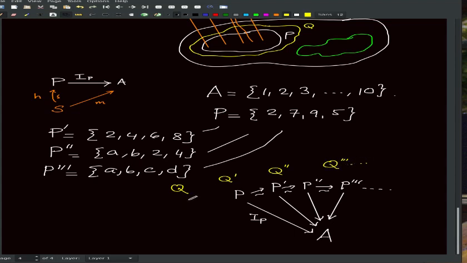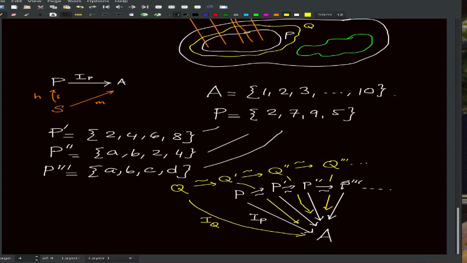And now I have to be careful. So this is your IQ, this is your other inclusions that you similarly have, all coming towards A. And these are again, as you said, bijections.